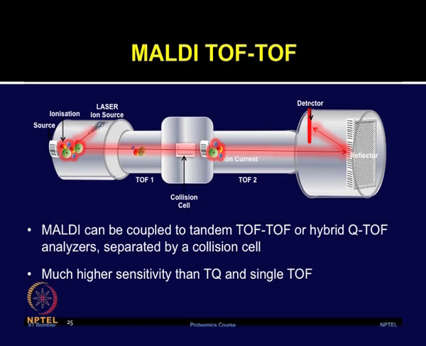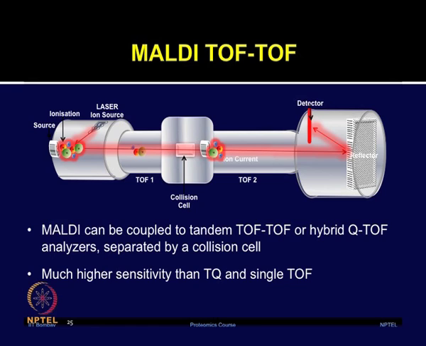The peptide ions are accelerated through the first time of flight tube, as you can see in the slide, and then they are dissociated by introducing an inert gas into the collision cell. This process allows the collision induced dissociation spectra to be produced from the MALDI precursor ions.